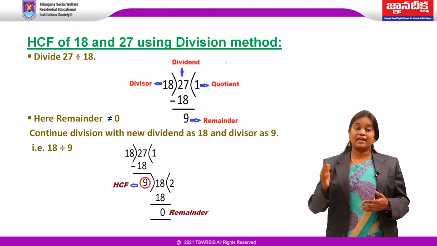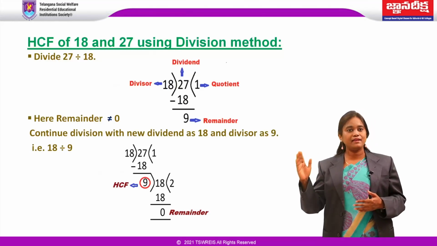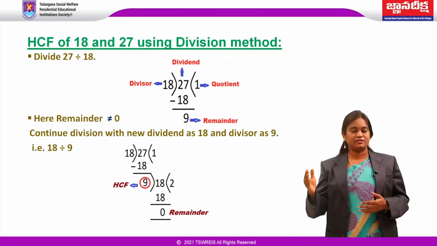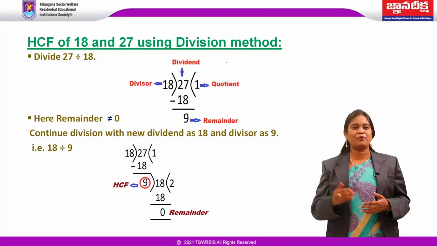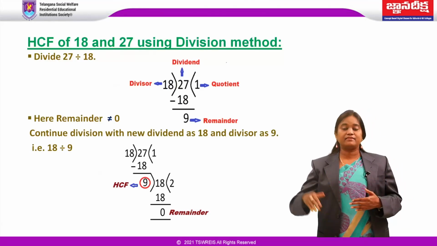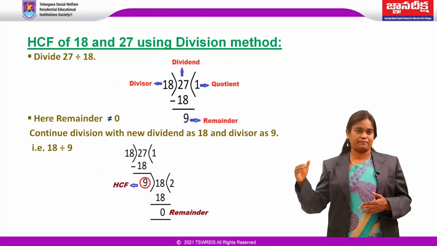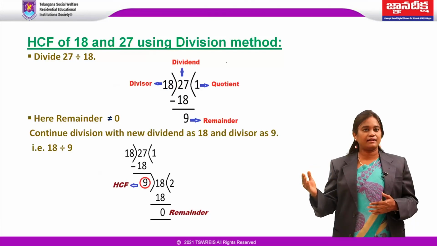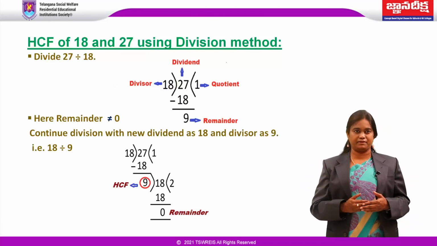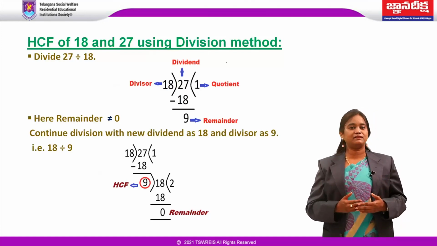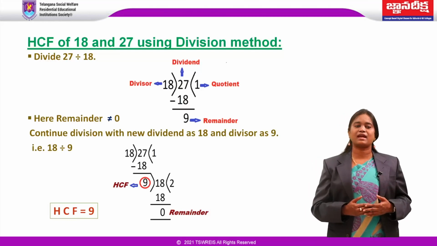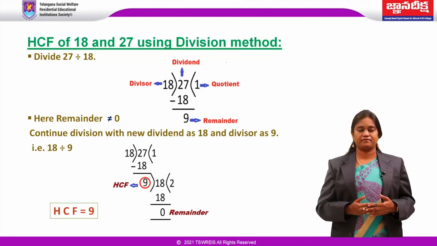That is 18 divided by 9. 9 twos are 18, so remainder is 0. So we stop the procedure here and the divisor in this step, that is 9, is the HCF of 18 and 27. The division method is a much faster and easier method to calculate HCF.